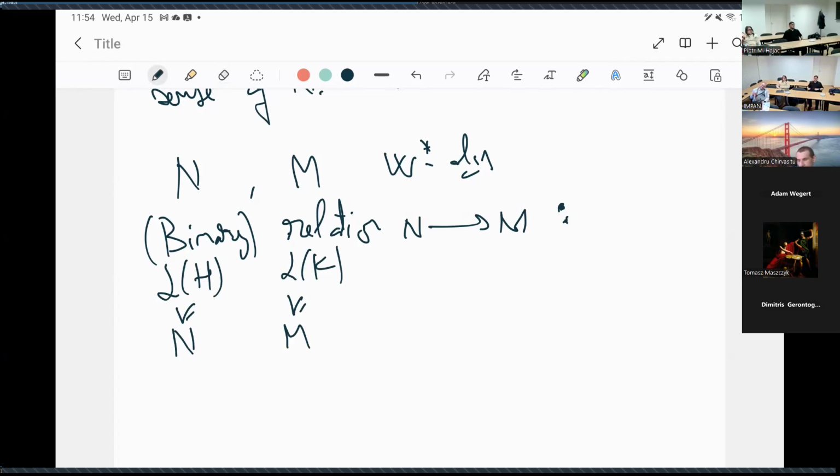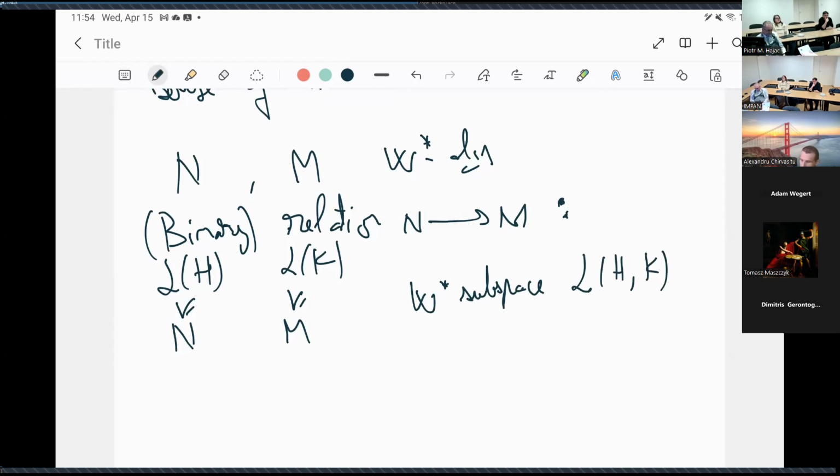The binary relation means a weak-star closed, or W-star, subspace in the space of operators from H to K.